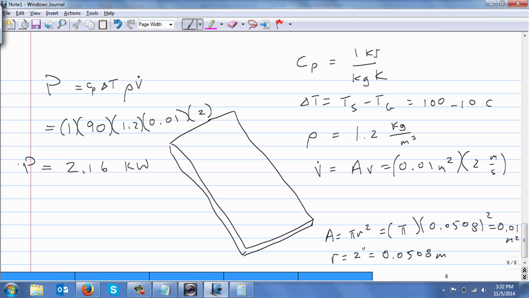Celsius can stay Celsius, it doesn't have to turn into Kelvin. 1 degree Celsius equals 1 degree Kelvin when we're talking differences. Kilojoules turns into kilowatts, so it's 2.16 kilowatts. Thank you. Perfect.